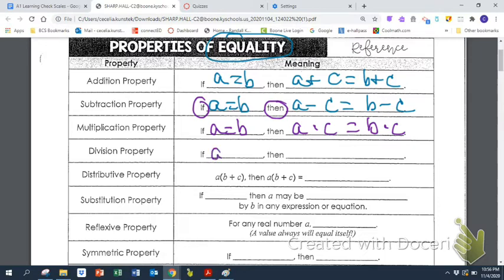So for division property, if A is equal to B, then A divided by C is equal to B divided by C. Then looking at distributive property, if we have an A times B plus C, then A times B plus C is equal to, if we did distribution, A times B plus A times C. So those are ones that you're probably familiar with. Then there's a few more that maybe you're not as familiar with. So let's take a look at those.